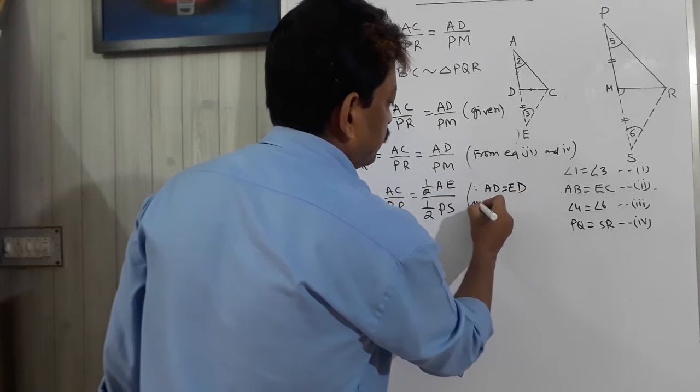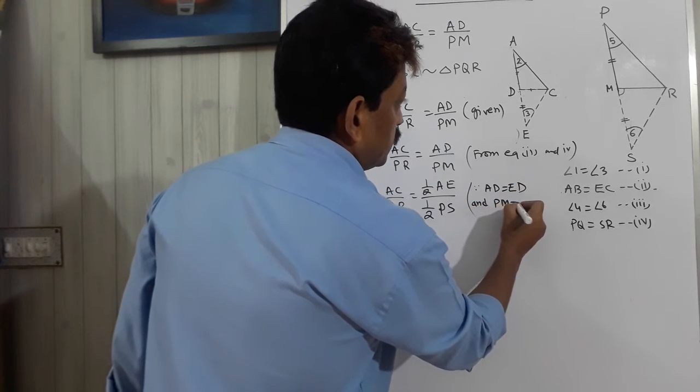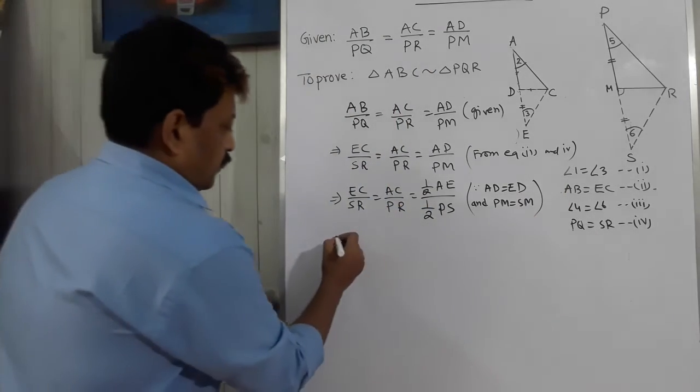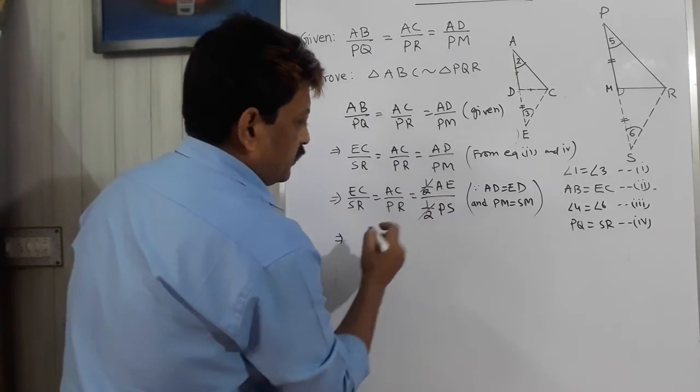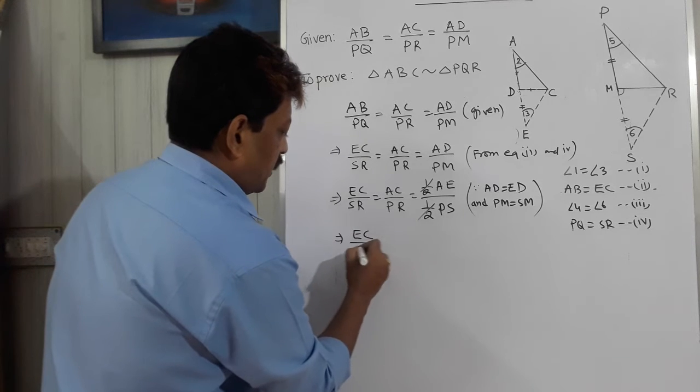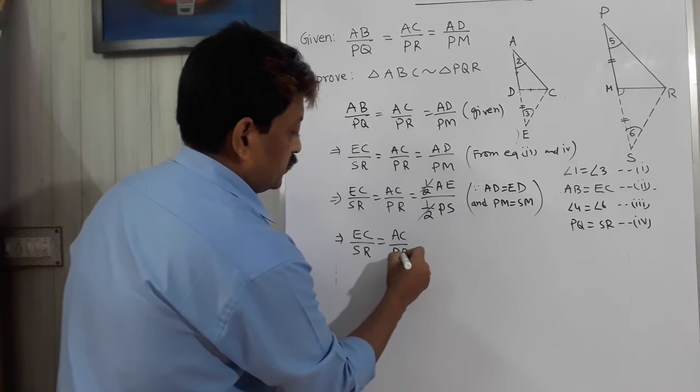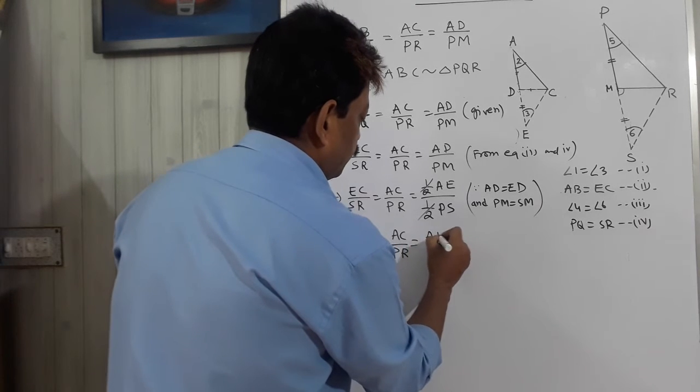Now these two halves are cancelled. So EC upon SR is equals to AC upon PR equals to AE upon PS.